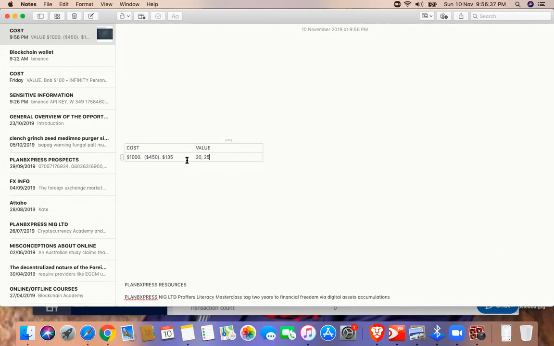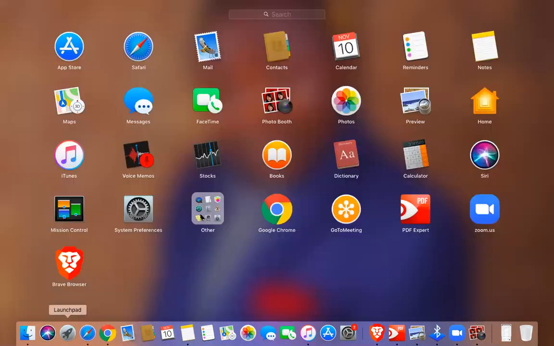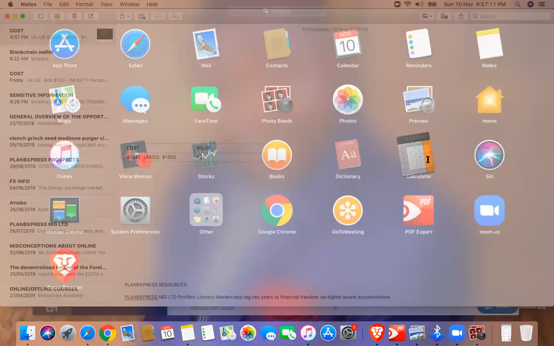Even when I had 10 Litecoin when Litecoin was $140, that means I spent about $1,400 to buy 10 Litecoin. Can you see? $1,400 to buy Litecoin. Now here I am, having 20 Litecoin, for instance, and Litecoin is just $63, or $60 as the case may be.